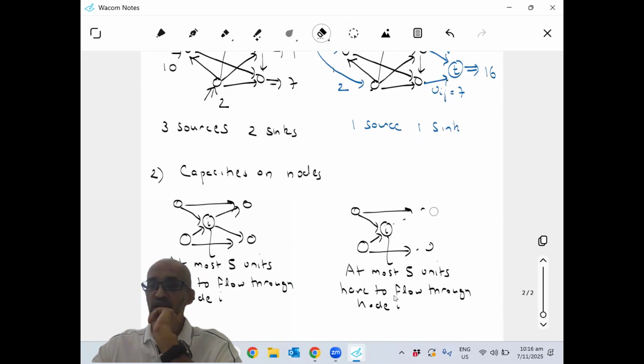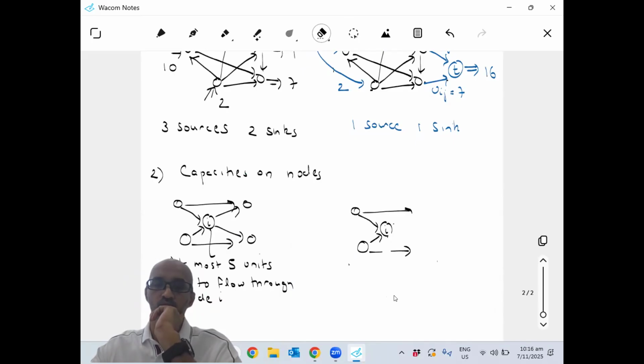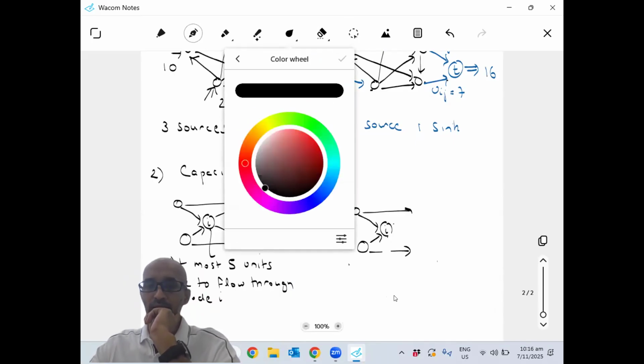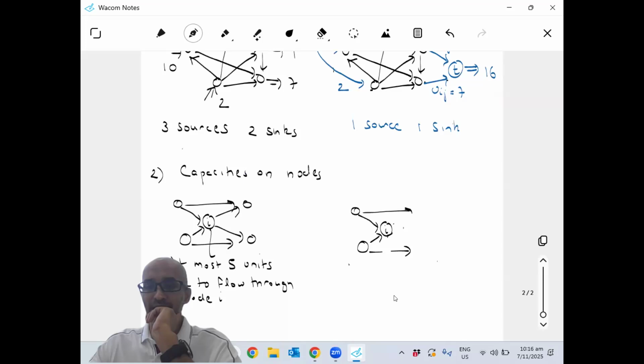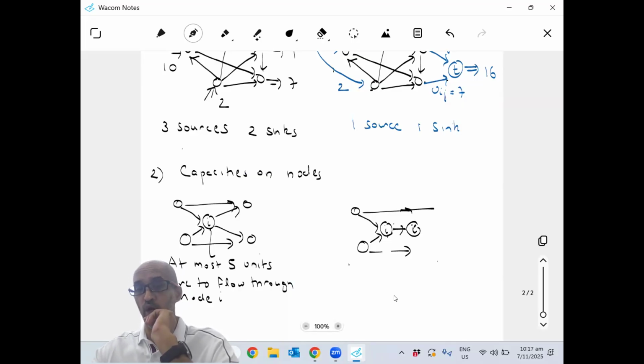So you create two nodes, I, and let's call this I dash, a new node. I create a link between I and I dash. Incoming flow goes into I, outgoing flow goes out of I dash.